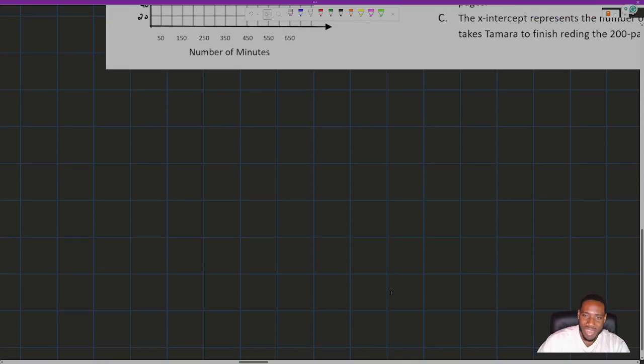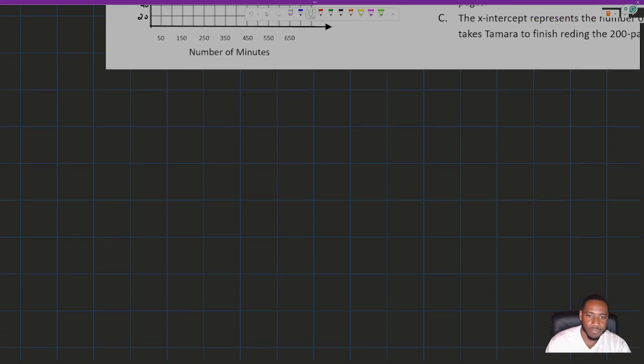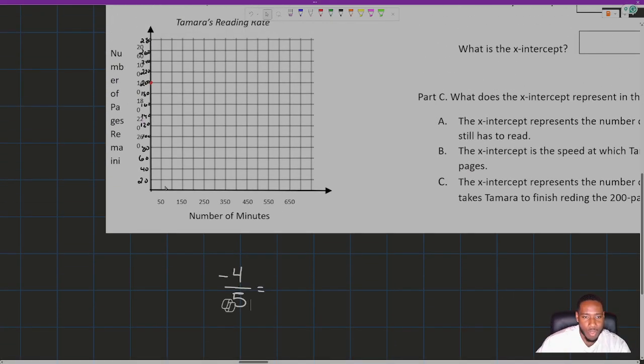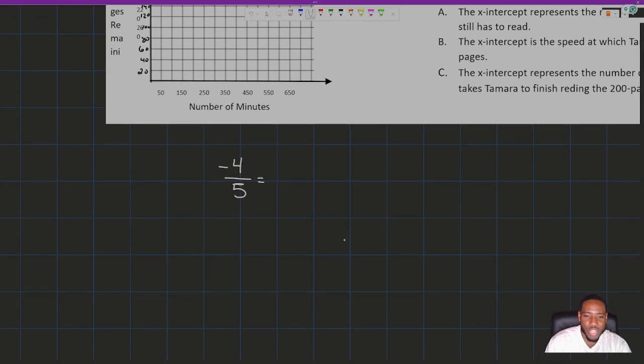So if I think about -4/5, using the increments we have here, on the y-axis, we labeled by 20s. On the x-axis, you see us labeling by 50s, okay? So that means my change in y over change in x has to have the same relationship.